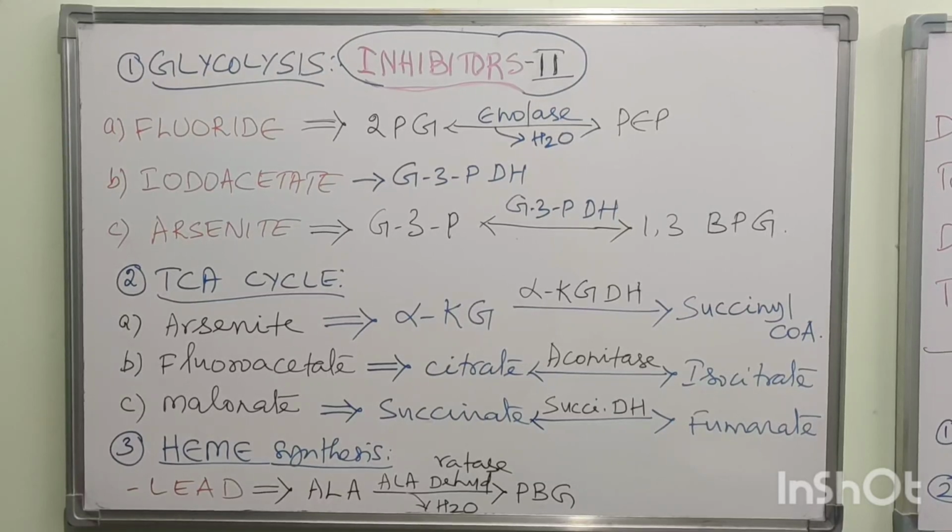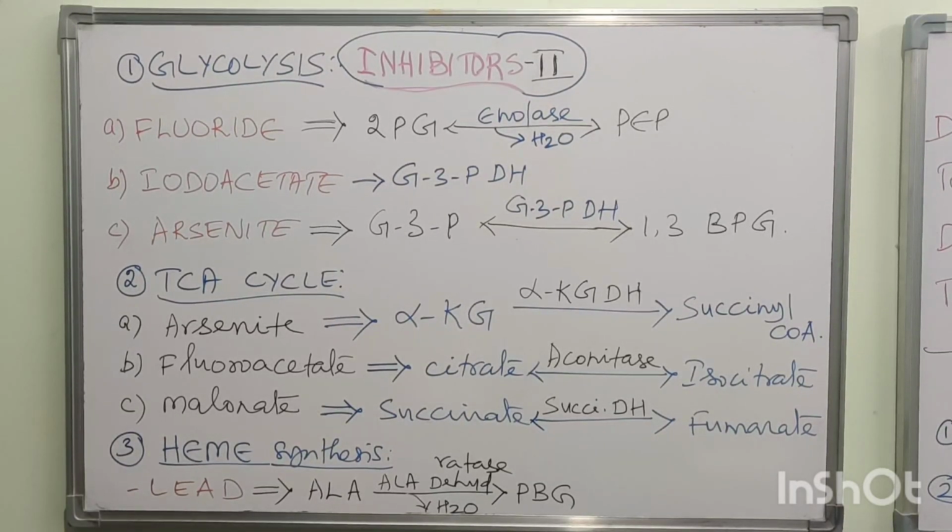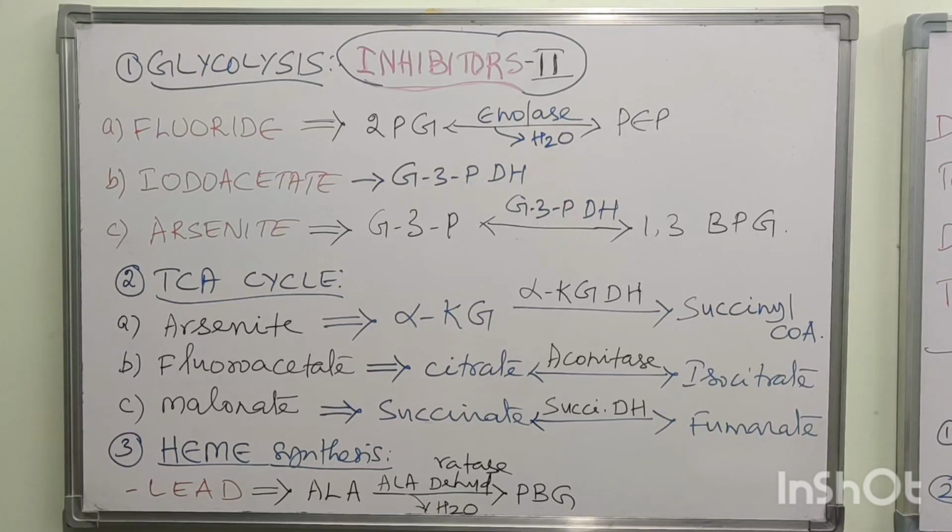Fluoride will inhibit enolase, which is the step involved in 2-phosphoglycerate to phosphoenolpyruvate. Fluoride is the inhibitor, the enzyme name is enolase, and that is a dehydration step. In glycolysis, the step is 2-phosphoglycerate converted into phosphoenolpyruvate. Okay.